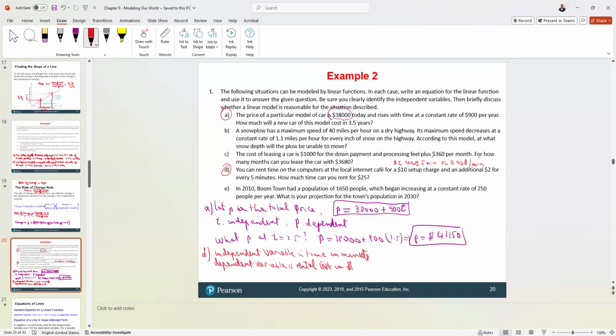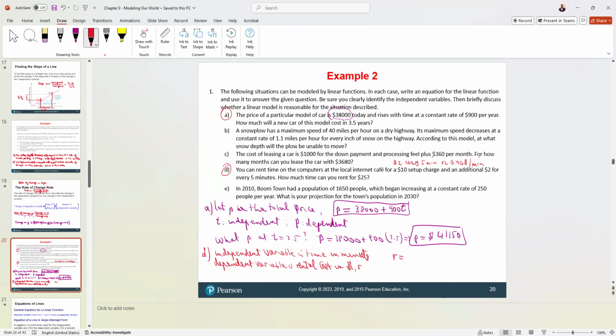Now, the equation would be for the rental. It all depends what letter I use. I'm going to use R for the rental. Let me call it R. That would be better to do it that way.